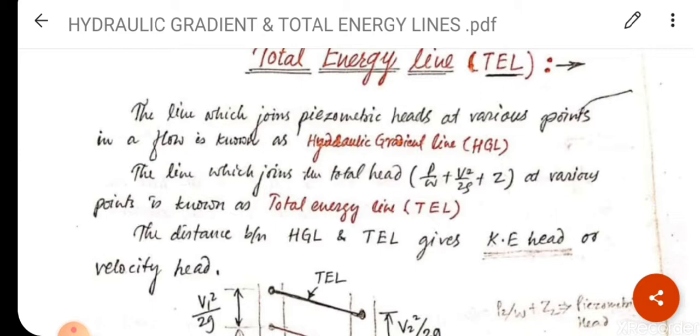The distance between HGL and TEL gives the kinetic energy head or velocity head.